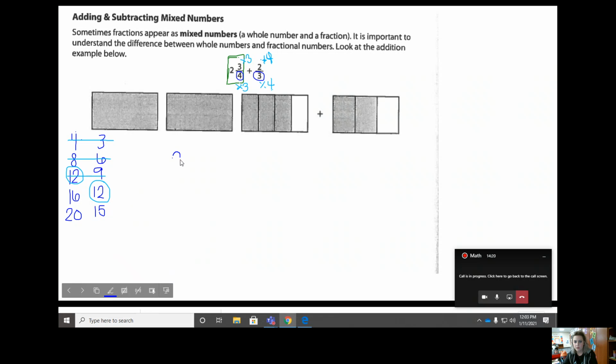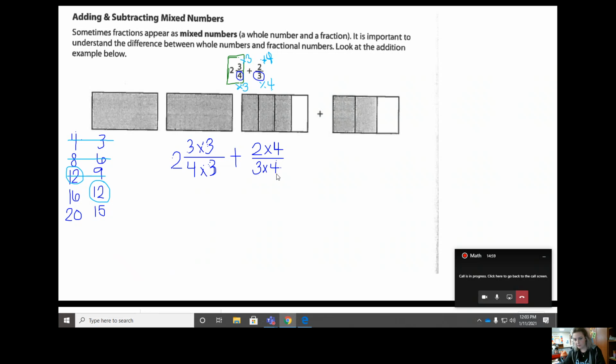Okay, we have 2, and then we have 3 times 3, and then we have 4 times 3, plus 2 times 4 over 3 times 4.